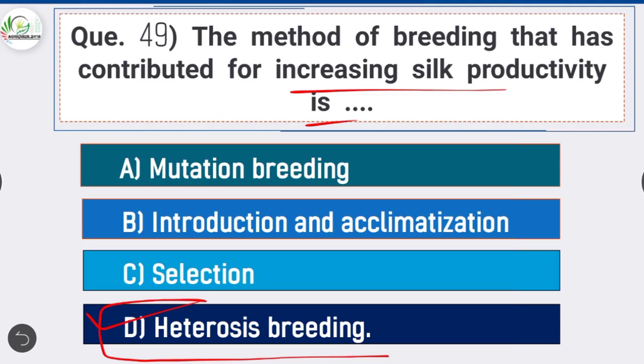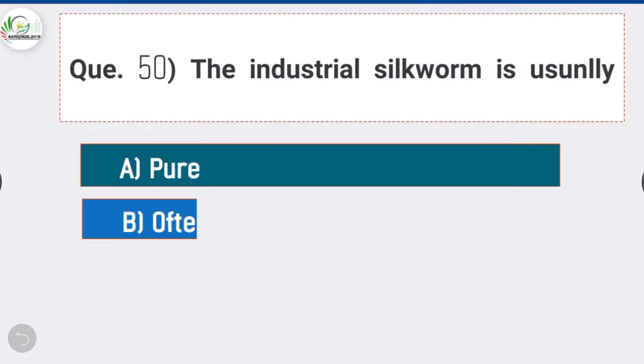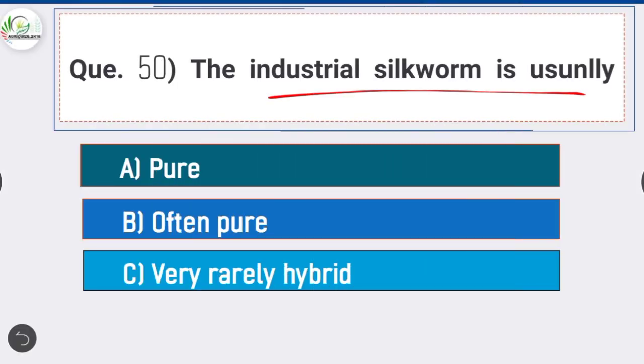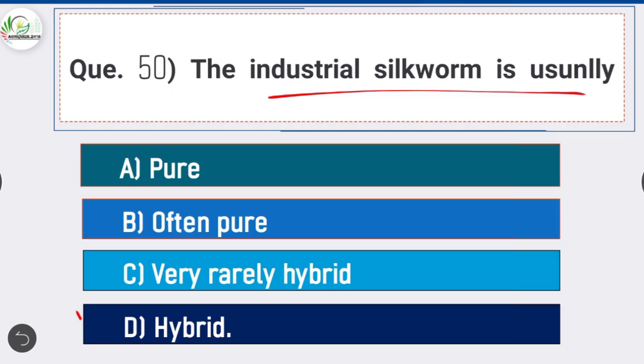The method of breeding that has contributed for increasing silk productivity is heterosis breeding. Question number 50. The industrial silkworm is usually, option D is the correct answer, hybrid. The industrial silkworm is usually hybrid.